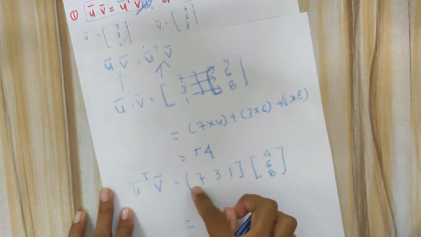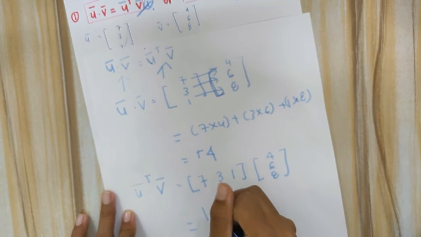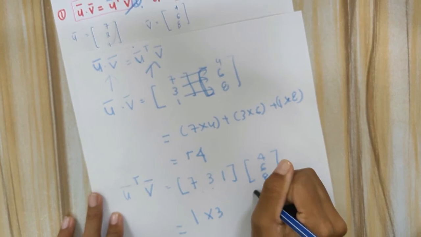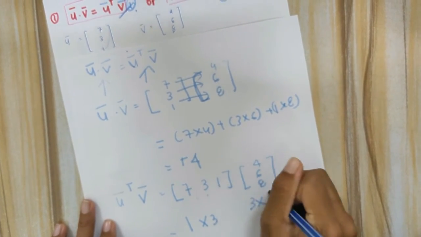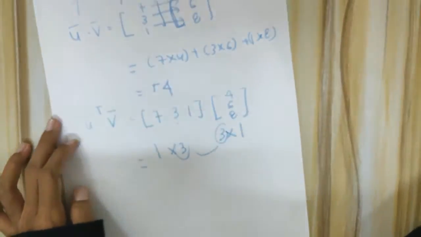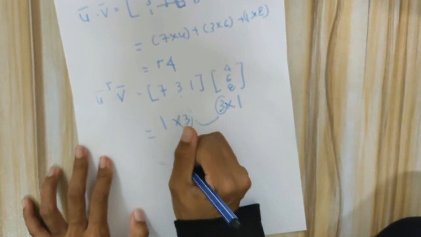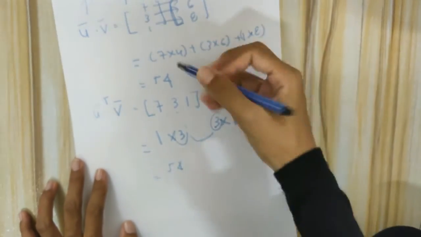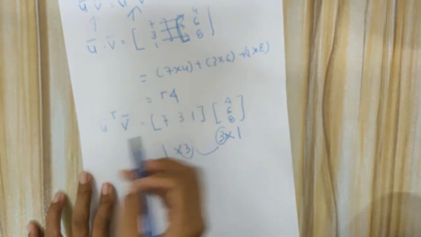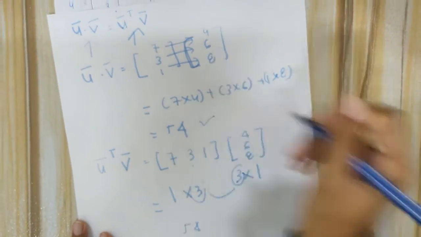It has one row, 3 column, and 3 row and 1 column. So as you can see, this has the same, so we can proceed in multiplication product. If we calculate it, we get 54. So as you can see, the final answer for U bar dot V bar equals U bar transpose V bar, which is 54.